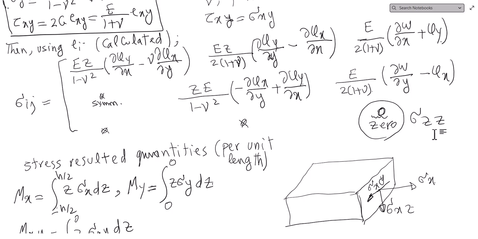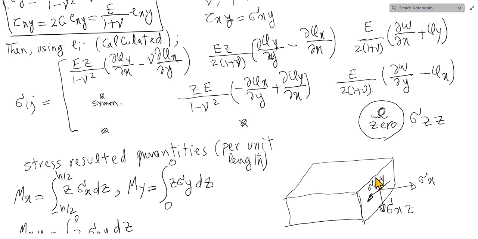Why? Because if this shear, this sigma x, which is this one, is constant, and we don't have any shear on the surface top and bottom, then we run into a compatibility issue of the shear. We cannot have a shear on this surface without having a shear on the perpendicular surface.